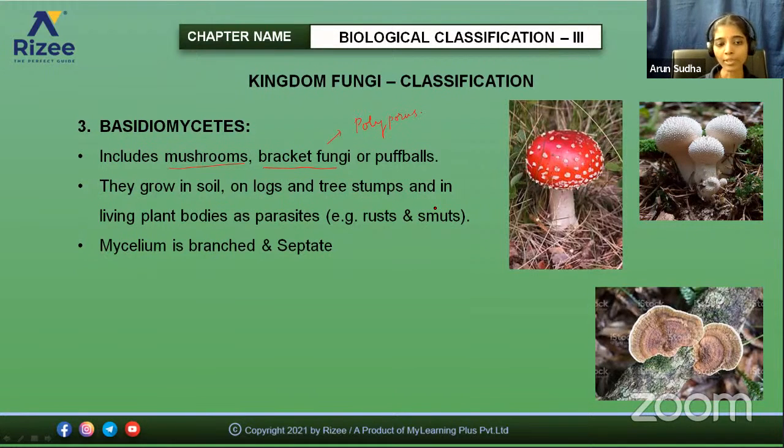So they grow in soil, on logs and tree stems, and in living plant bodies as parasites. Here also the mycelium is branched and septate, same as Ascomycetes. Only it differs in Phycomycetes. Phycomycetes, we saw it as aseptate and coenocytic. In these two, it is branched and septate.